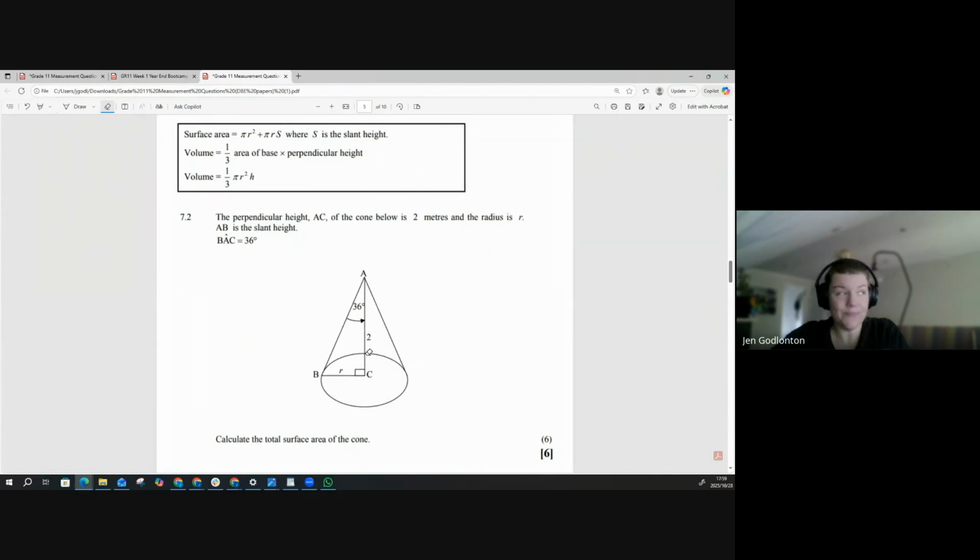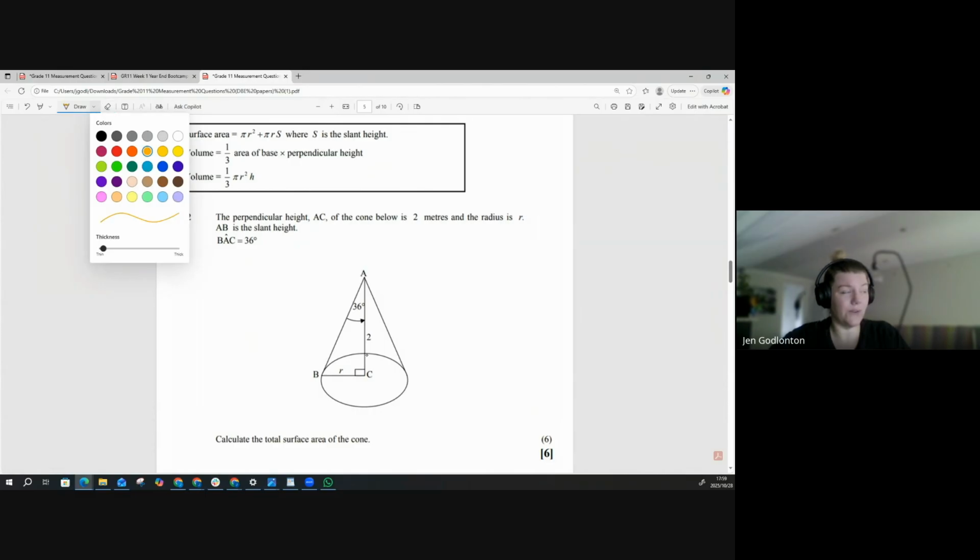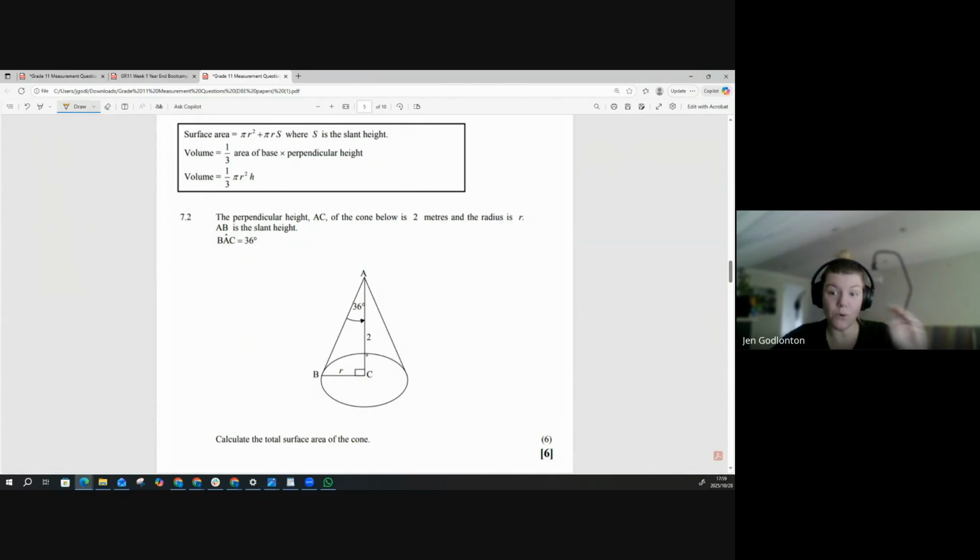So Uyanda, like I said earlier, these questions were all taken straight from your DBE papers, and it was exactly written like this. So this box with the formulas, that's exactly how it was. So you don't need to panic. They will always give you that. Okay. So we've been given the surface area of our cone.